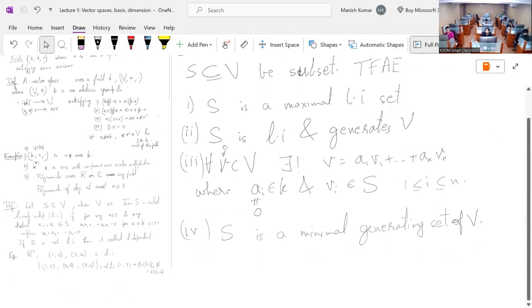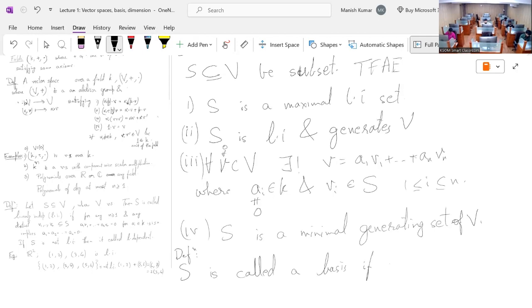So definition: S is called a basis of V if it satisfies these equivalent conditions.